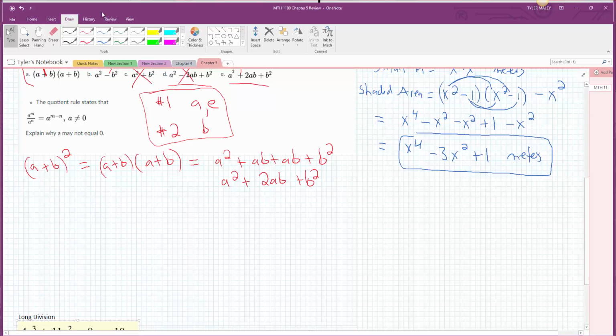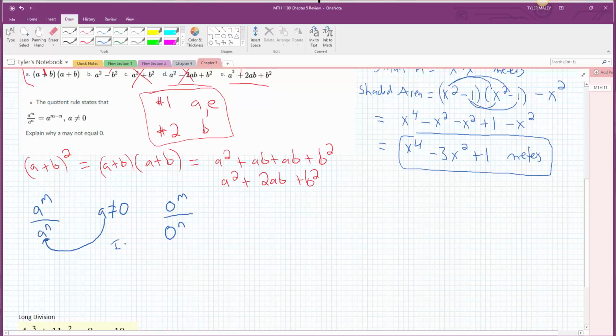Well, if I have a to the m over a to the n, and I'm saying a cannot be equal to 0, the reason why is if a is equal to 0, then that makes this base 0, right? And so we would have 0 to the m over 0 to the n, right?